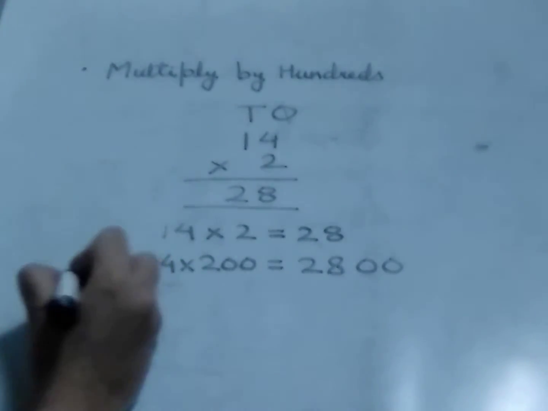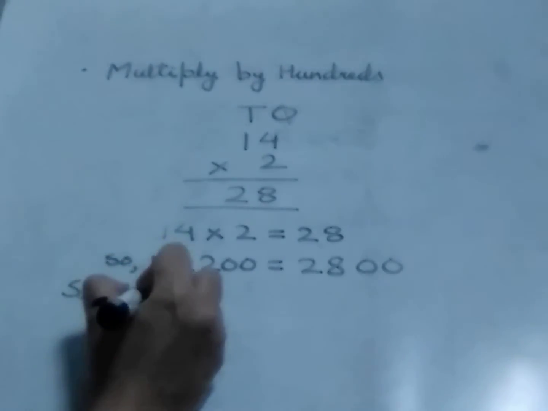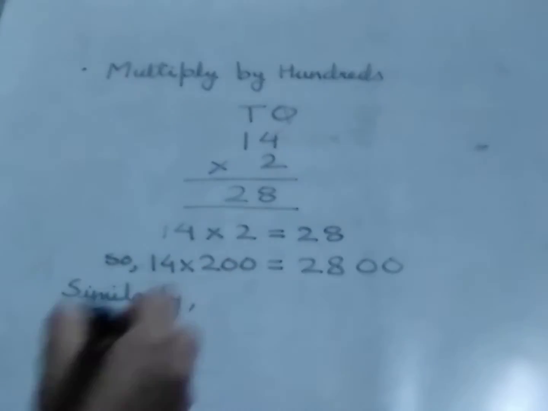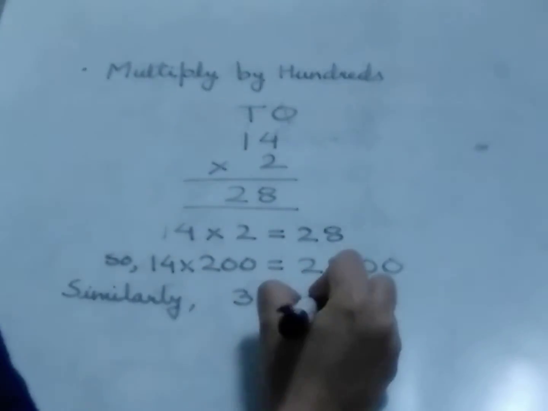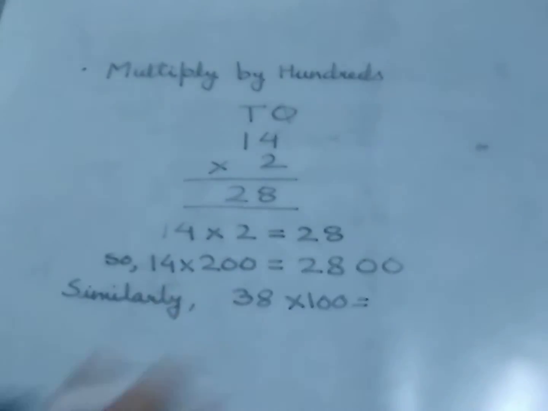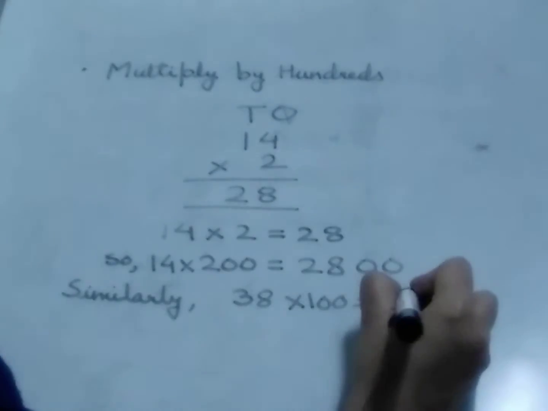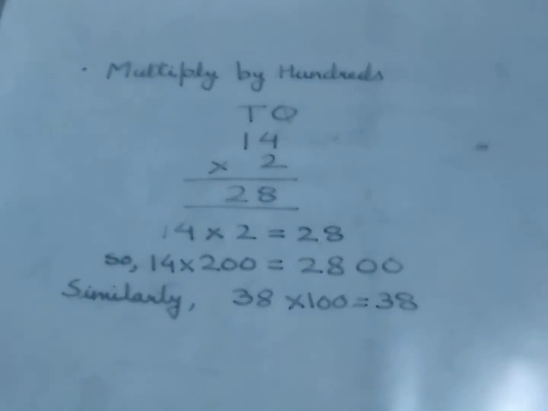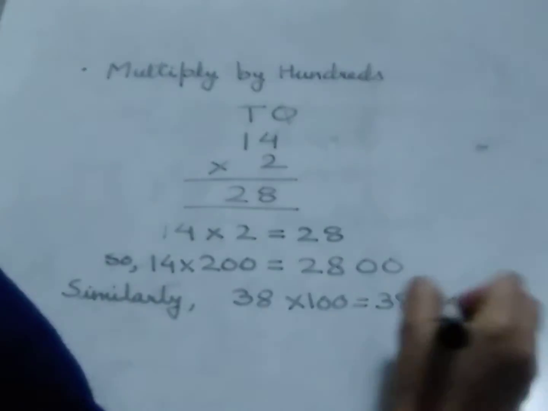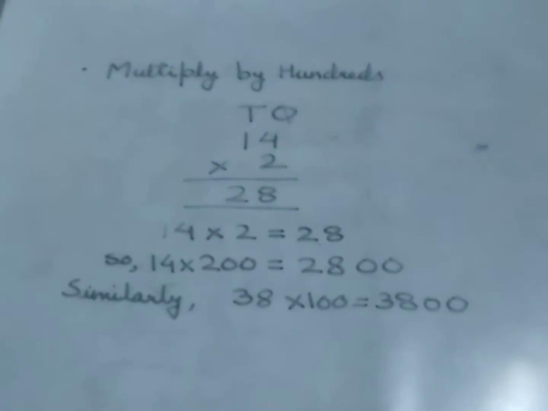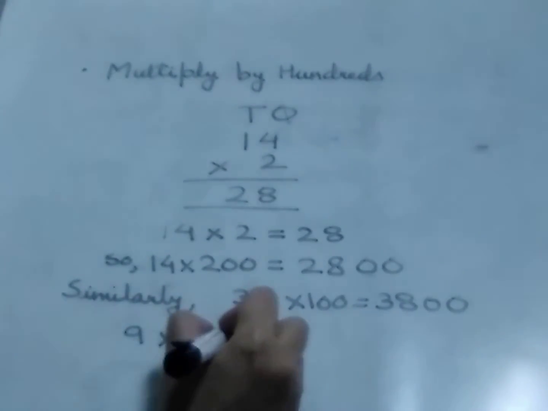Similarly, 38 when multiplied by 100, first multiply 38 by 1, so the answer will be 38, and add 0 in both the tens and ones place. So it becomes 3800. Next is 9 multiplied by 300.